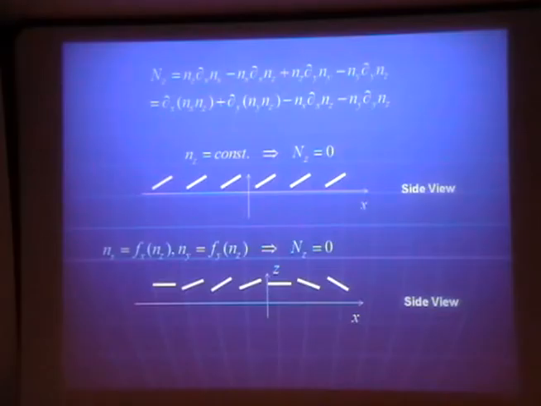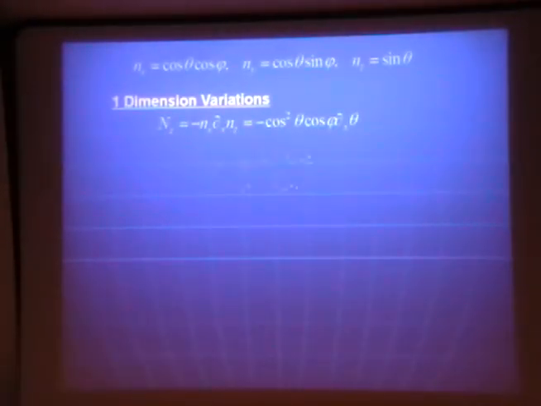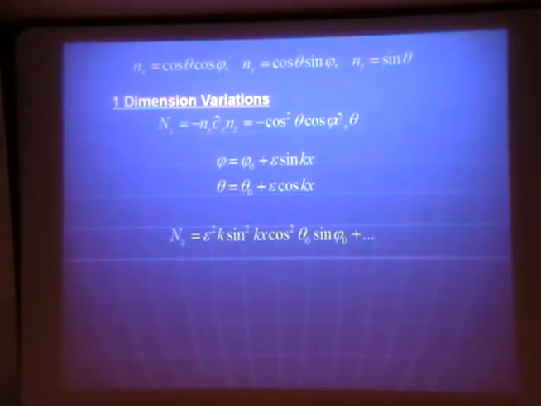So what are the situations in which we can have real surface contributions? Using polar coordinates, theta and phi, theta is the polar angle with respect to the z-axis, and phi is the azimuthal angle with respect to x.